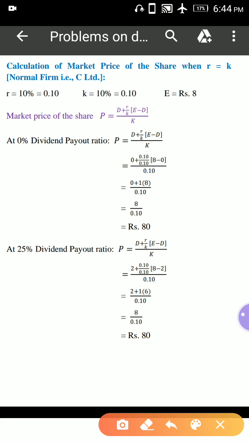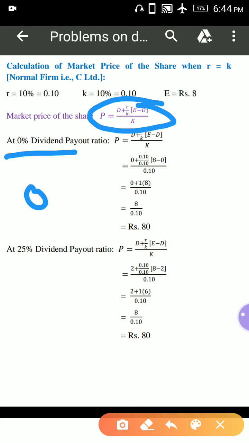That is, the market price of the share is equal to D plus R by K into (E minus D) divided by K. So at 0% dividend payout ratio, dividends will be 0. At 25% it will be 2. See here, it is just a substitution.